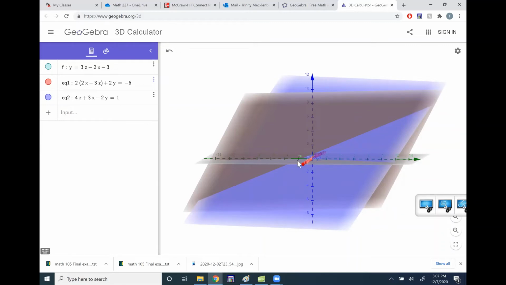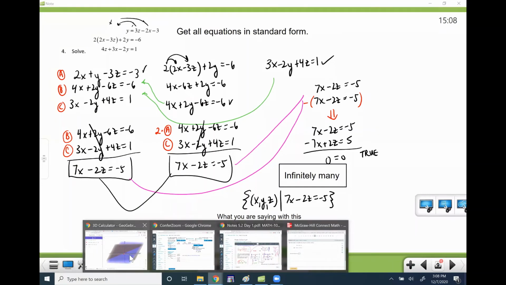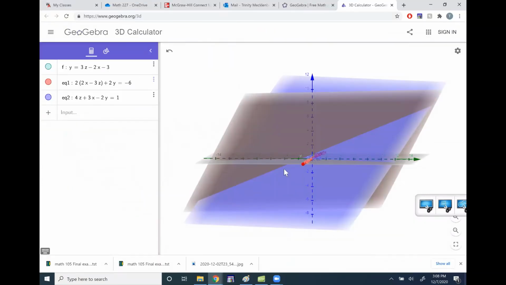Any point along this line is a solution because all three planes go through that. The purple plane goes through it. And of course, the blue and the red do because they're this pukey brown one smushed together, right? So they all go through that. And that is what you just described right here. This 7x minus 2z equals 5, that's a line, you guys. And that is the line in the picture where those planes crossed.